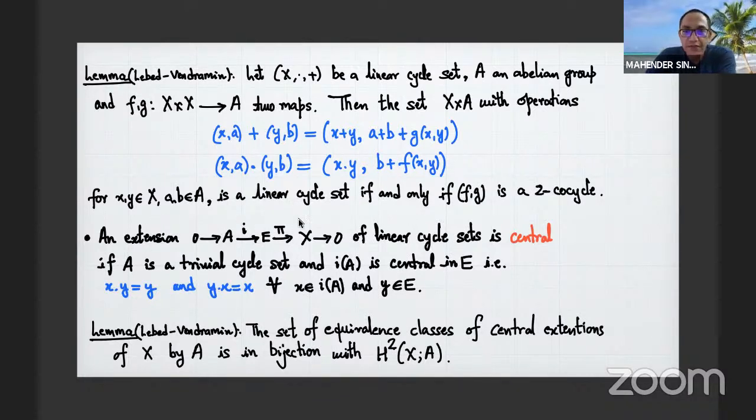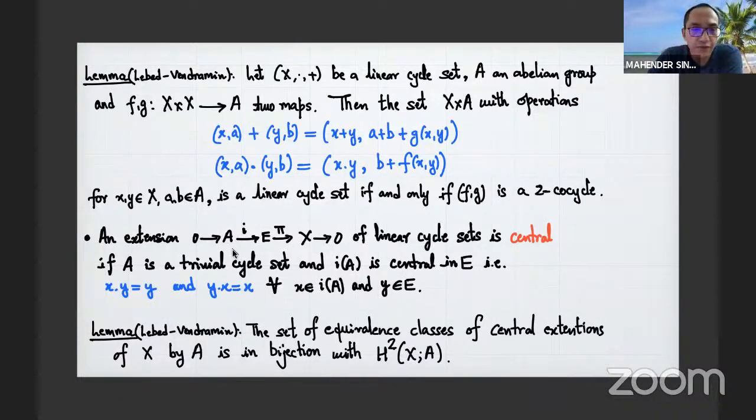So here we say an extension of a linear cycle set is central if the dot multiplication by each element of the sub linear cycle set on the extension is trivial. So that X dot Y is Y and Y dot X is X for each X in the image of A and Y in this.